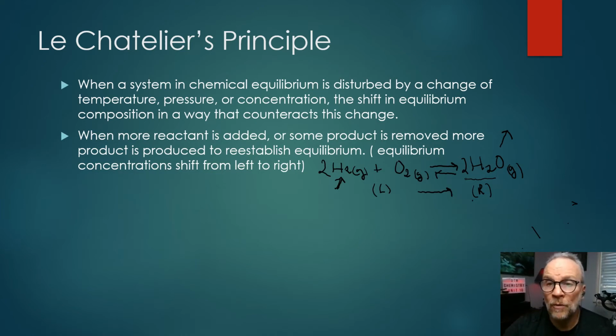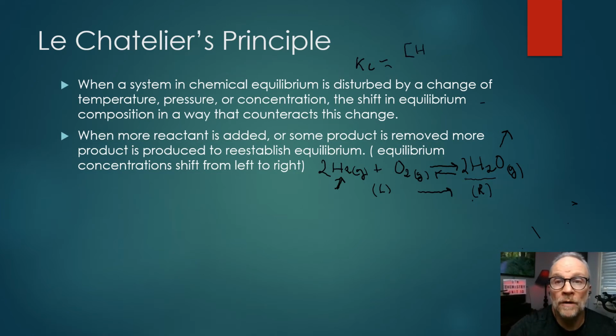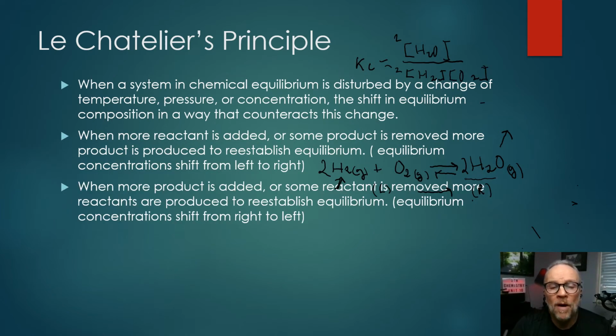So if we were to write Kc for this, you'd have the concentration of water raised to the second power over the concentration of hydrogen raised to the second power times the concentration of oxygen. All right. If more product is added or some reactant is removed, more reactants are produced to reestablish the equilibrium, and the equilibrium shifts from right to left.